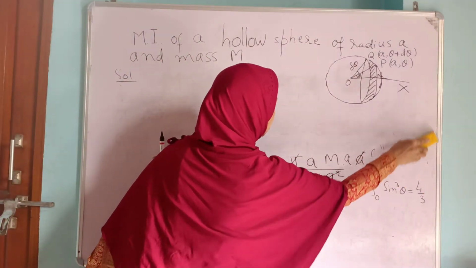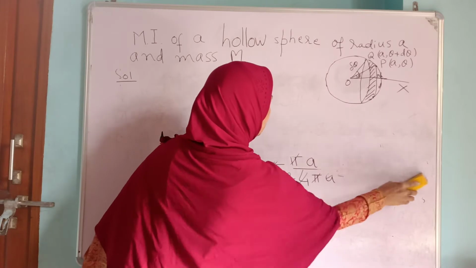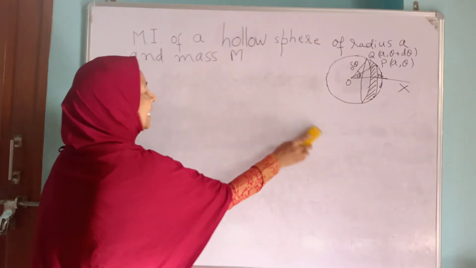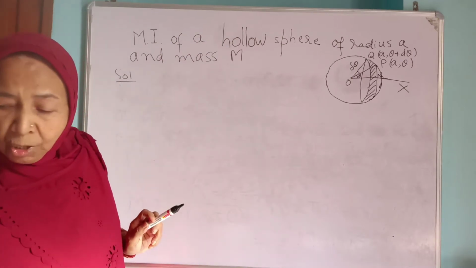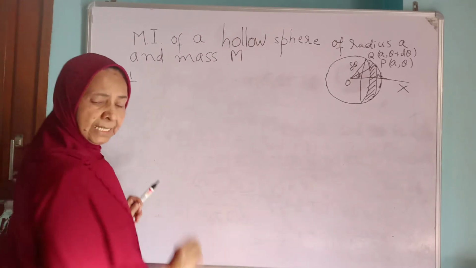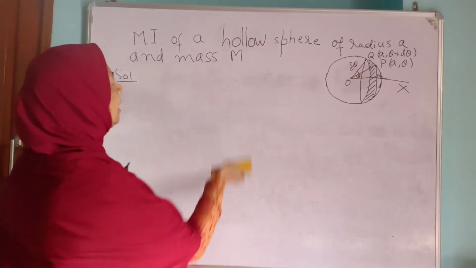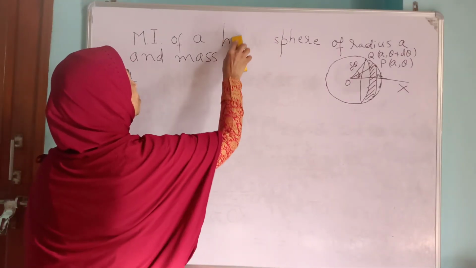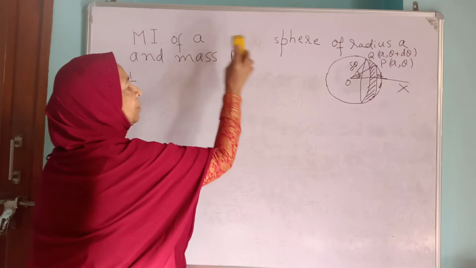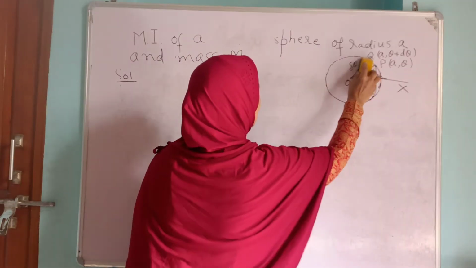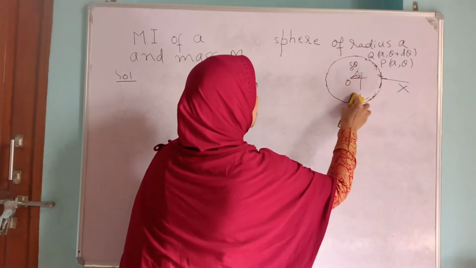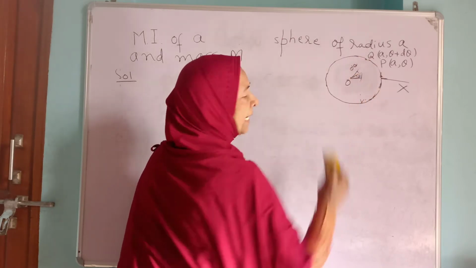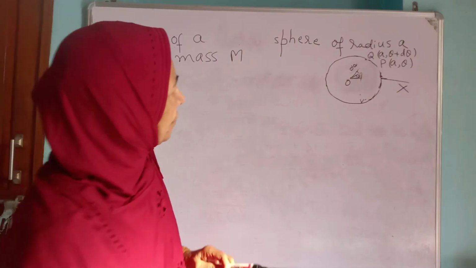Now what next? Next is to find the moment of inertia of a solid sphere. Now a solid sphere consists of a number of hollow spheres placed close to each other. So, how will the figure look like? You will get a number of hollow spheres, concentric hollow spheres.